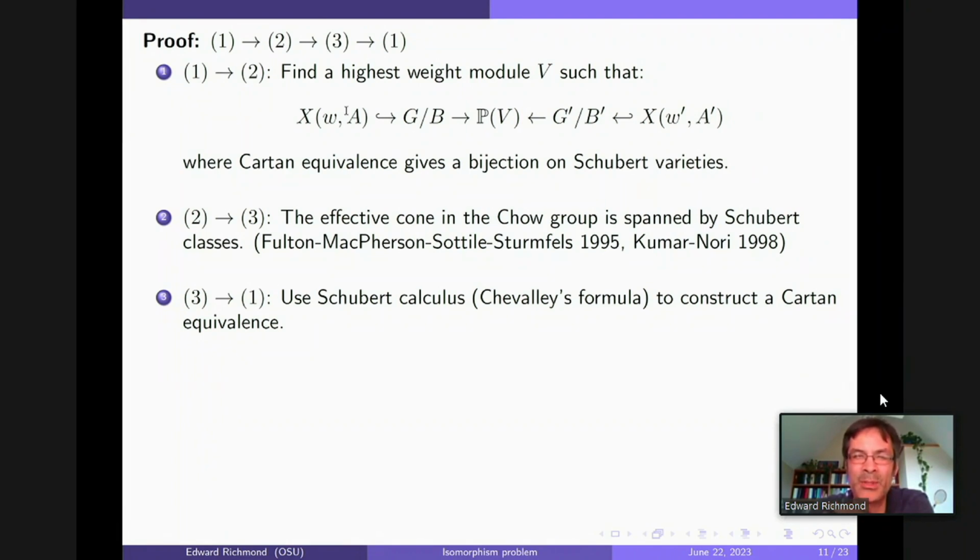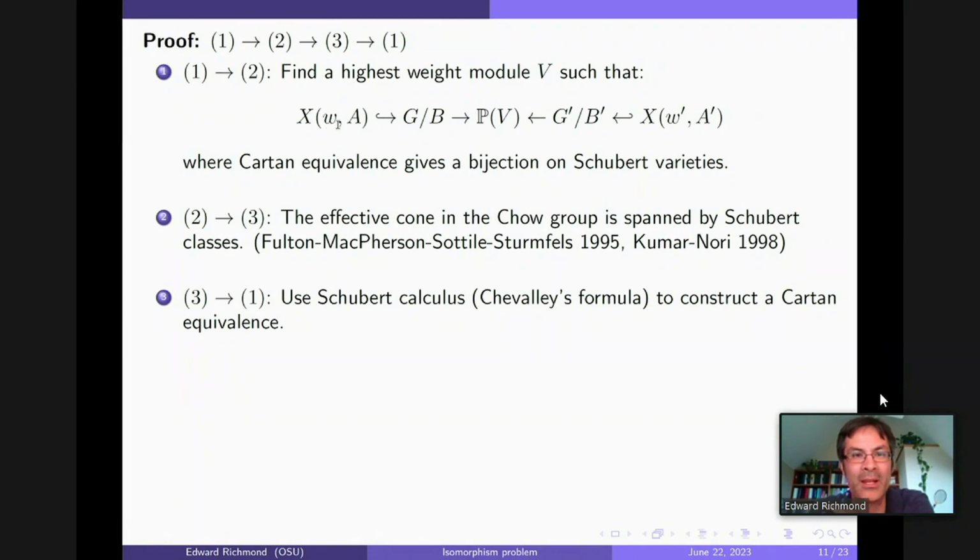The Kac-Moody flag variety is built out of the Cartan matrix. The Cartan matrix is where we start. So basically we need to find a weight that's big enough. So we have this Cartan equivalence. Sorry, I haven't thought about this question in a little while, so I'm kind of rambling a little bit. So this is what we know.